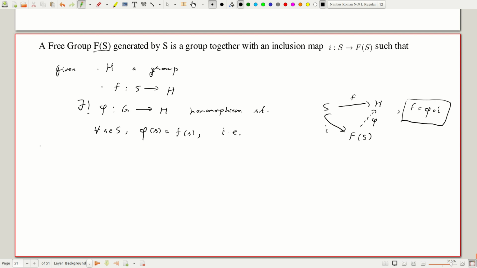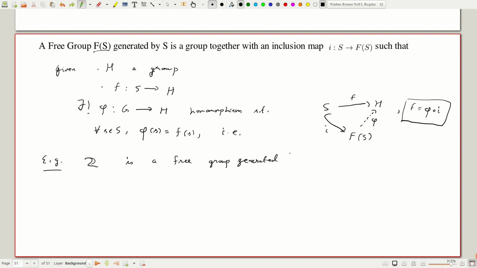Okay, so this is nice. So we have a free group. It's a group with a basis, namely that if I have a map on the basis, I get a map on the whole group, and this map is unique. Let me take a quick example. There's one free group we know, which is that Z is a free group generated by 1.